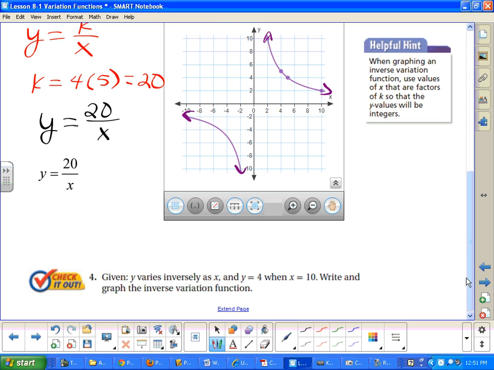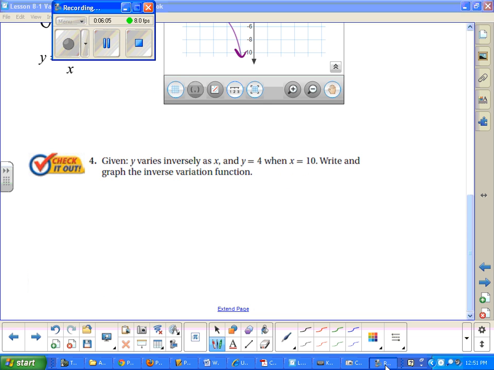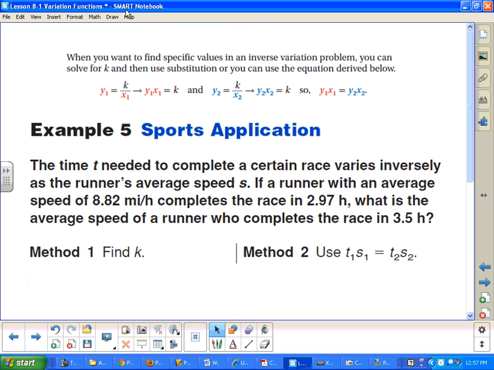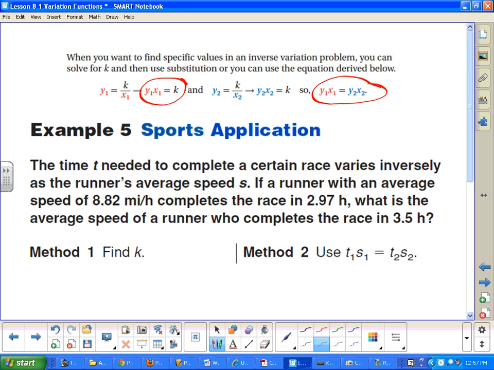All right, so as we had the proportion for direct variation, there's actually a pattern like that for inverse variation, because since k equals x times y, then I can actually write this multiplication for inverse variation.